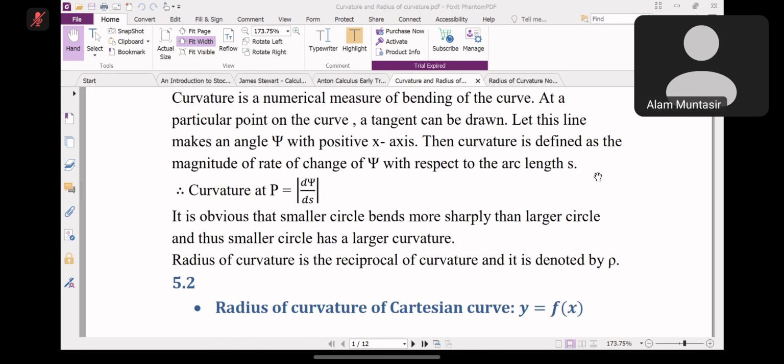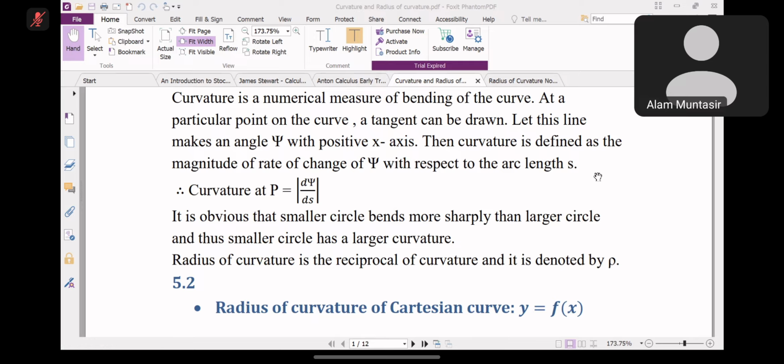So the required formula for curvature is d psi by ds, and an absolute value is taken. So every time the curvature is positive. And from the concept of curvature, it is easily understandable that smaller circles bend more sharply than larger circles. Thus, a smaller circle has a larger curvature.